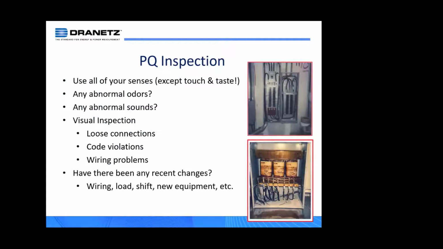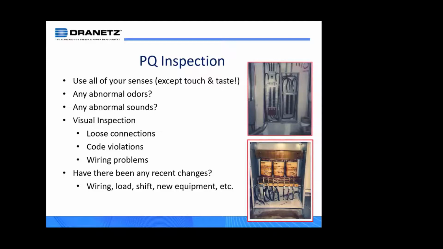go on to the inspection stage. So use all your senses except touch and taste, obviously. And believe me, being in this business as long as I have, I've actually seen people use touch. I would never recommend it, but that's just something that I've seen over the years.